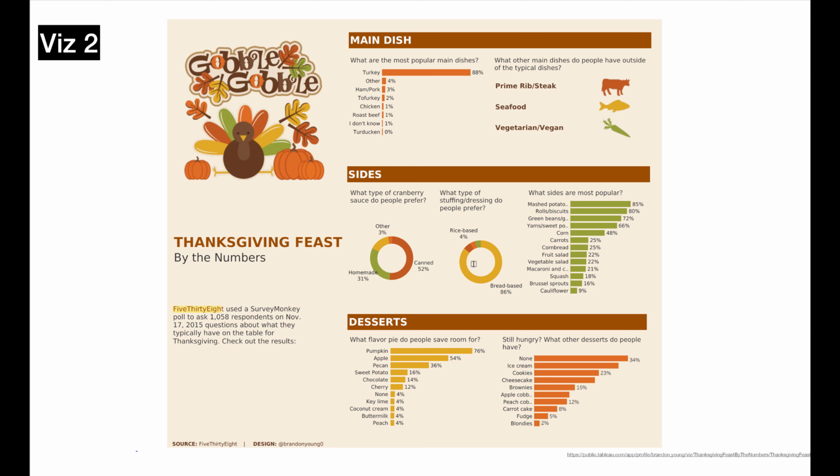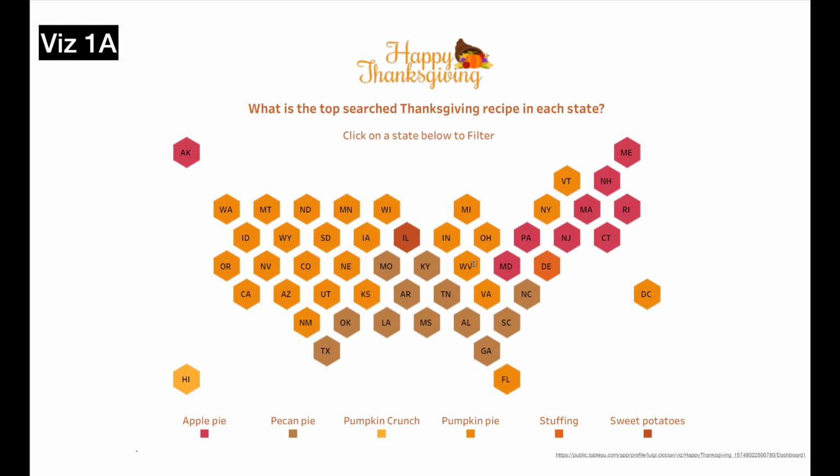But here, again, we've got a sort of fanciful Thanksgiving thing going on. I should mention, by the way, these are not intended necessarily as direct Python-based things. These are just some ideas about doing representations in graphical form.